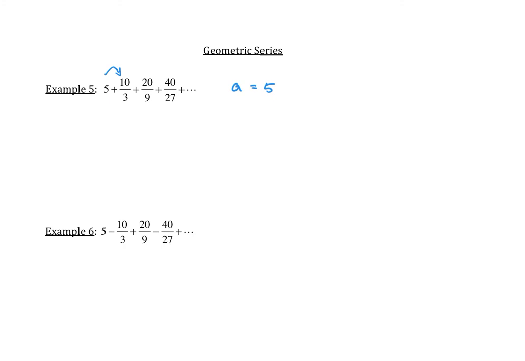Well, I can multiply 5 by 2/3. And then how do I get from the second term to the third term? Well, if I take the second term and multiply by 2/3, I get the third term. And let me just check one more time. If I take the third term and multiply by 2/3, I get the fourth term. So that tells me that my r is equal to 2/3, and we have a geometric series.